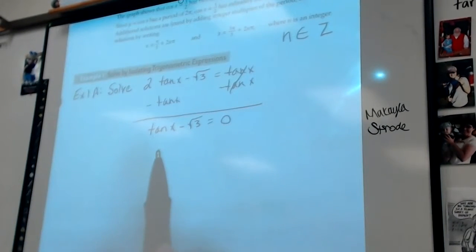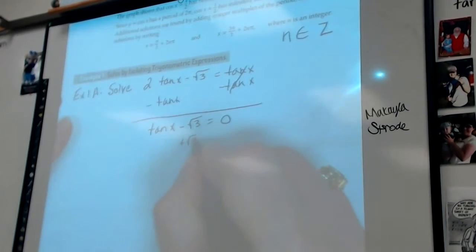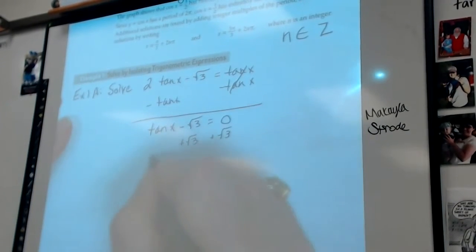Now we want to find tangent x. So just like you would if you were solving for x or y or whatever, you want to isolate it. So we want to add square root of 3 to both sides. So we have tangent x equals the square root of 3.